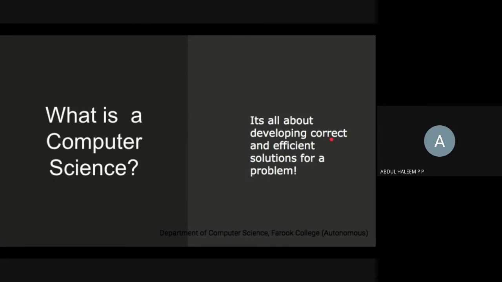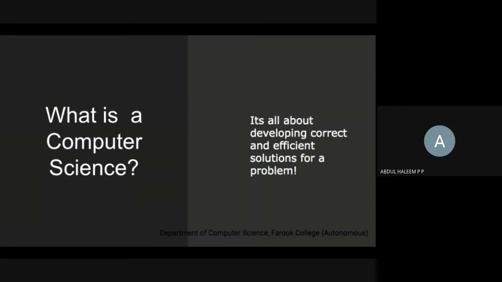There can be several methods of developing solutions. The most efficient solution is to be delivered. Now, if we say efficiency, since you use your mobile devices, you will have several answers. A program should take less space.